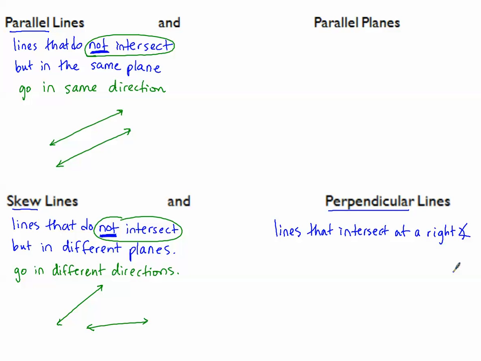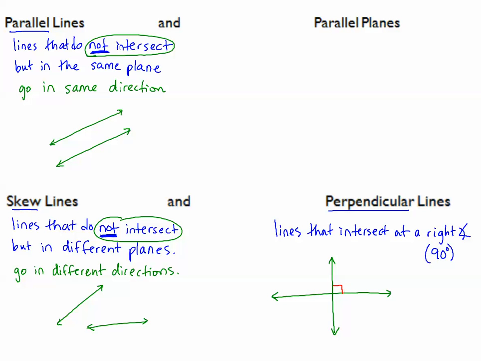There's our abbreviation for angle, that symbol, intersect at a right angle. Remember, right angle, 90 degrees. So a picture of that would look like, here's one line, here's a second line. And remember the symbol we use to show it's perpendicular or 90 degrees.